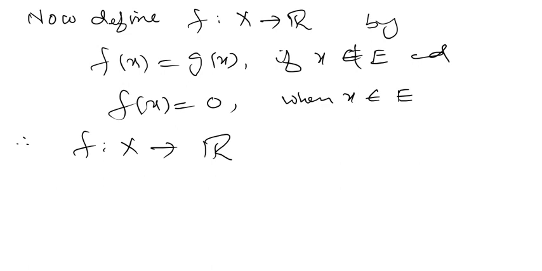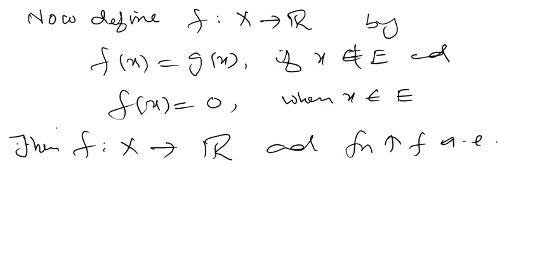Then this f is a function from X to R, and this f n increases to f almost everywhere. So f n is a sequence of upper functions, and its limit is f.